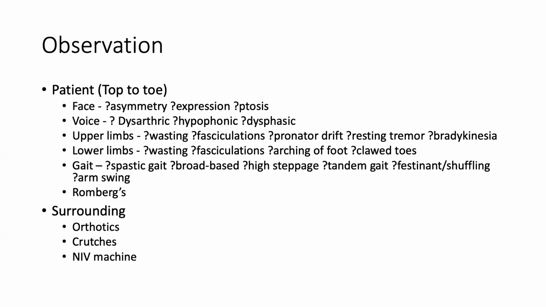When the patient lifts their arms up, you can observe muscles that are more hidden, like the axilla, the latissimus dorsi, and the triceps, which are quite hidden if the patient just puts their arms on their lap. So you can also do a bit of observation when they put their arms up to check for pronator drift, resting tremor, bradykinesia, all these things.